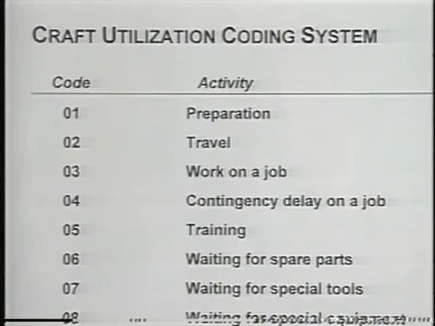The preparation time, 01, travel time, 02, the actual work time on the job, 03, and the contingency time, 04, would not have to be coded. We could fix those coding numbers right into the utilization reporting system.